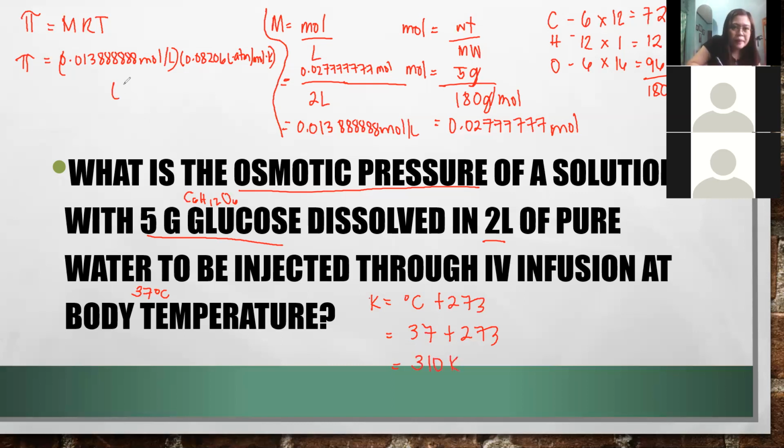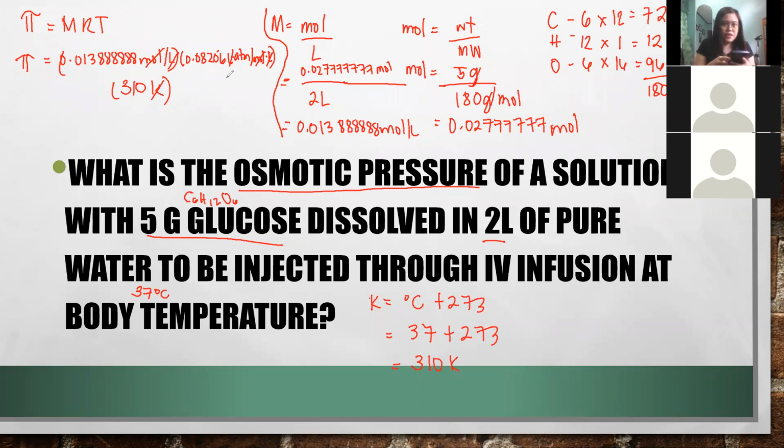So sa baba na lang please kay di makasya. So let's cancel the units. Moles, liter also. And then, it's Kelvin. Kelvin siya. Karida yung liters. So cancel po ang Kelvin. So, ang maiwan na unit is ATM. Let's try to solve.